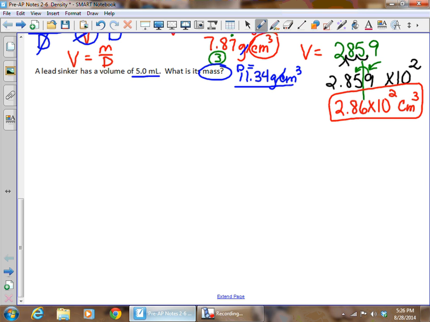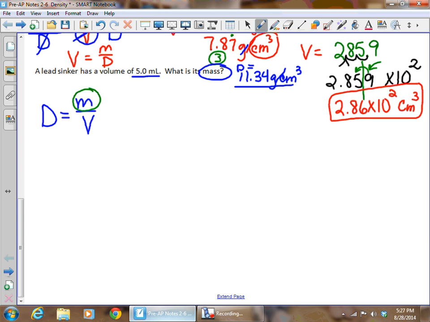We know that the first thing we have to do is show our calculations, show our equations, so D equals M over V. And now we have to solve for mass, and we must show solving for that. We'll go ahead and do it in green this time because you don't have to show that, but you're solving for mass. So that means to get mass by itself, it's already on top. So volume's the hardest one to solve for.